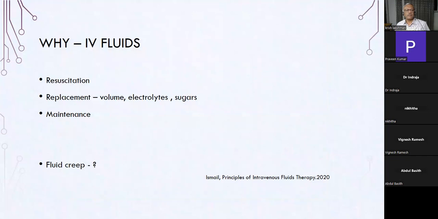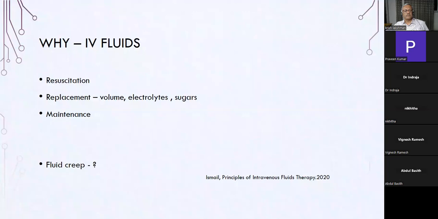Why do we need to give IV fluids to a patient? So the first indication or first reason we come across is resuscitation. If the patient has a major loss of fluid, we immediately go up with resuscitation. And what do we do there? We replace the fluid which has been lost.